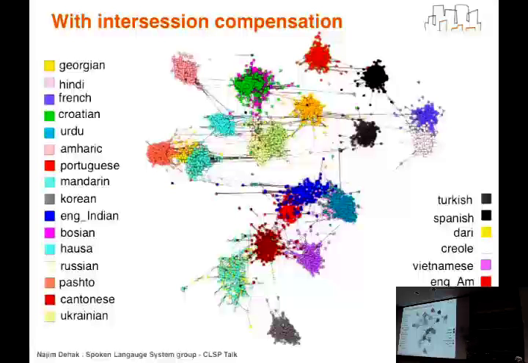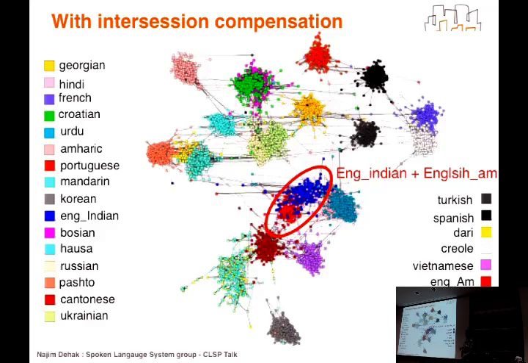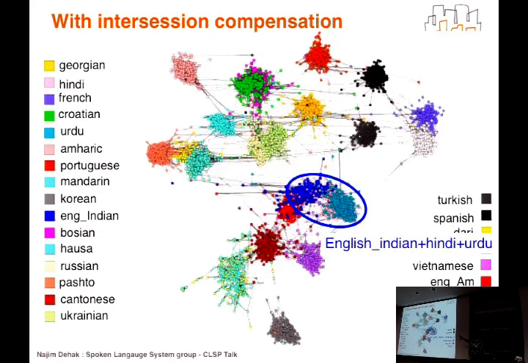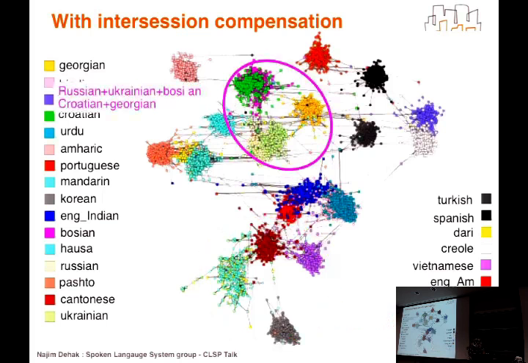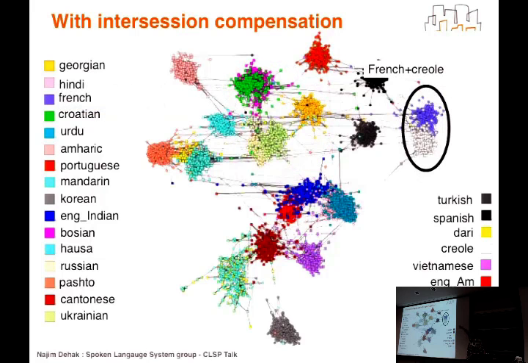Here's one cut. For example, you can see English and English Indian, and English Indian is close to Indian Urdu. Cantonese, Vietnamese, and Korean are clustered together. Russian. There's also French and Creole, close together because they have French in common.